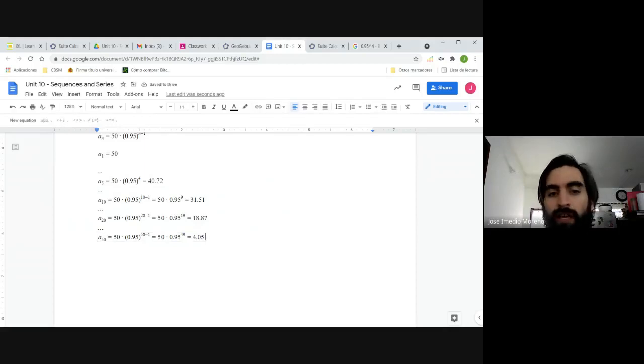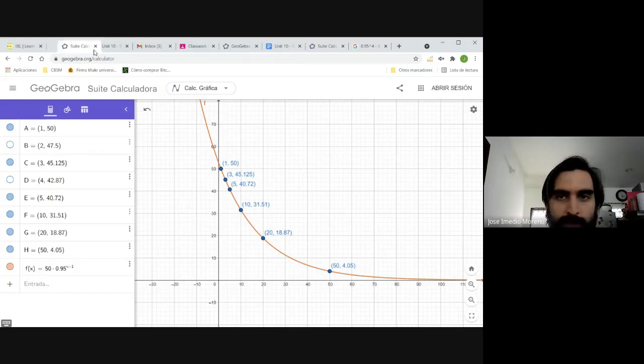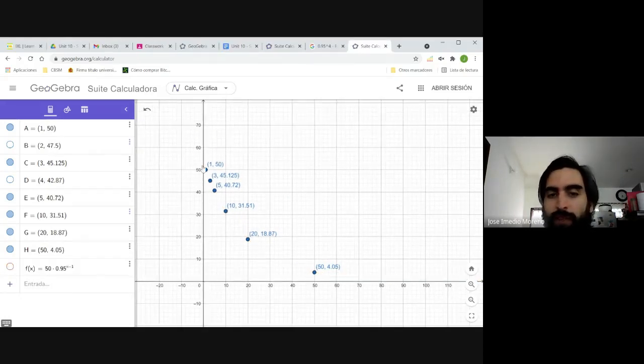Okay, and I have the graph somewhere here. I think it's this one. Yes. Okay, and this is that other sequence. I started here with 50 individuals, and the amount of individuals is decreasing each year by 50%.